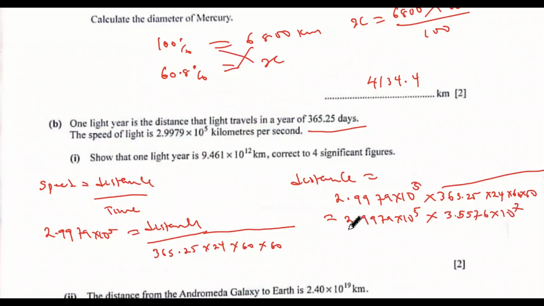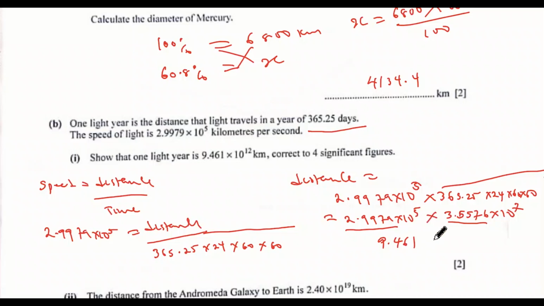Now you need to multiply the standard form numbers. That will be 2.9979 multiplied by 3.15576, and when you correct the answer to 4 significant figures, you get 9.461.